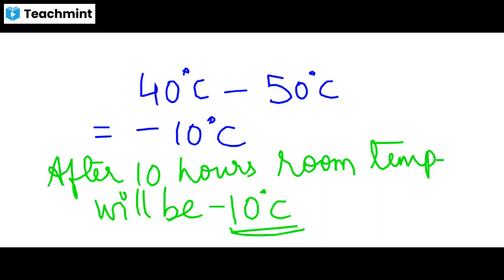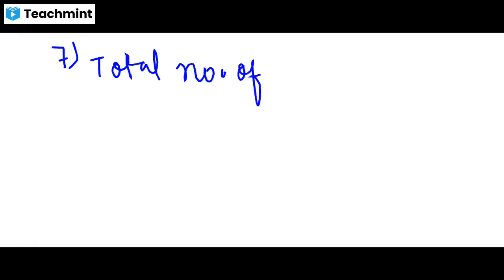So now Mohan gets 4 correct and 6 incorrect answers. What is his score? So how should you find it now? We are given the 7th question. What is the total number of questions? 10 questions, ma'am.